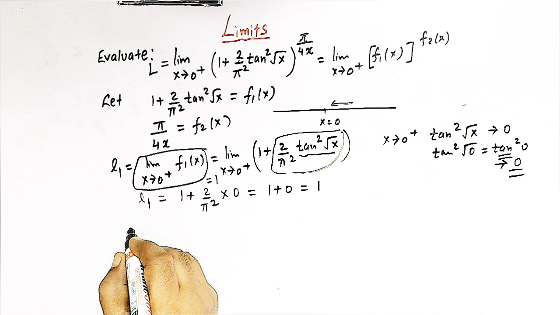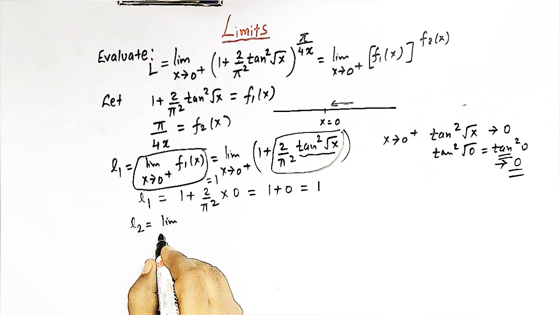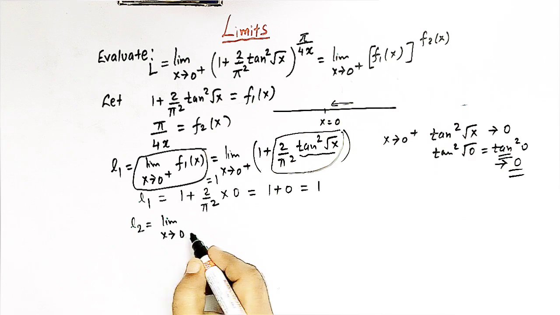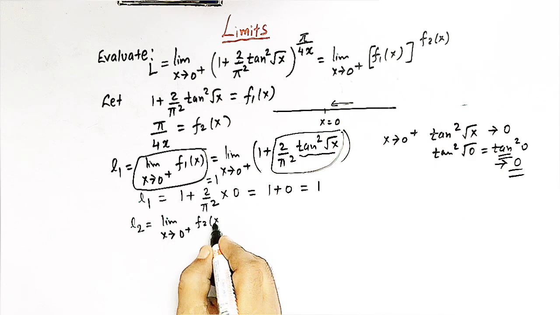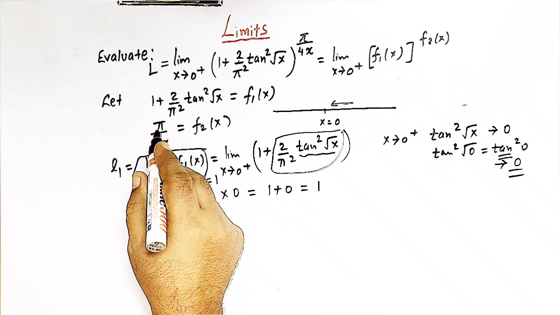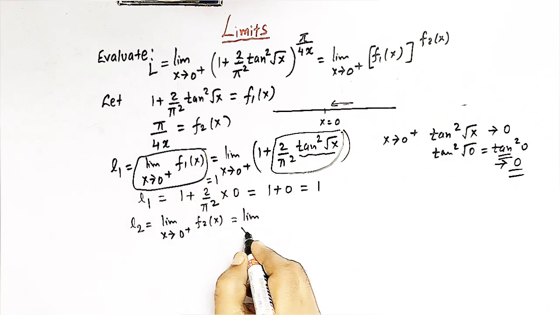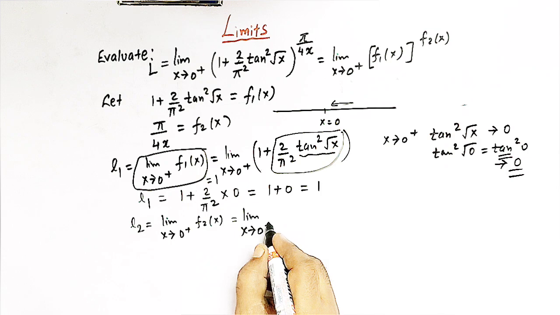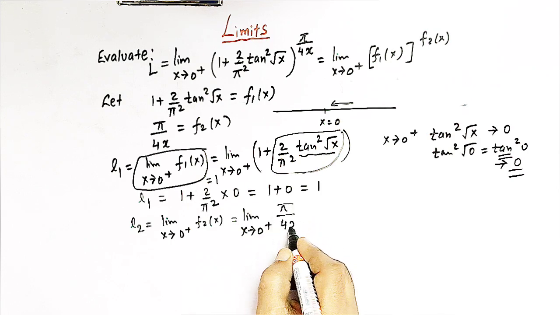So now let us find the limit L2, that is limit x tends to 0 positive of f2(x), where f2(x) is π/4x. So we have limit x tends to 0 positive of π/4x.